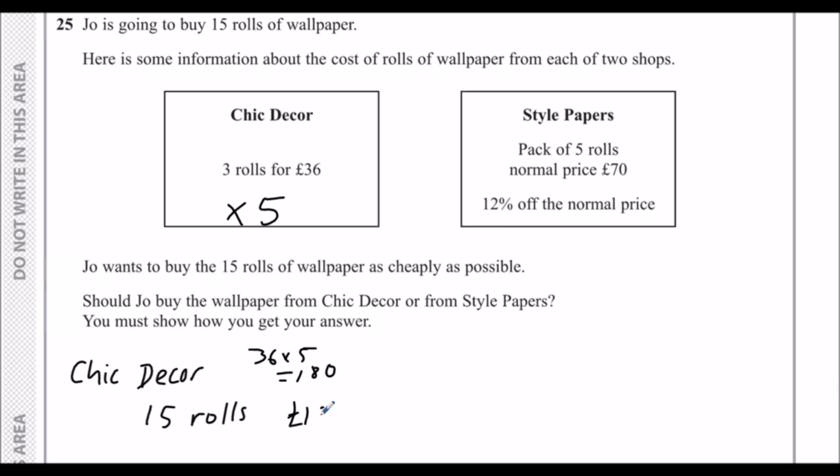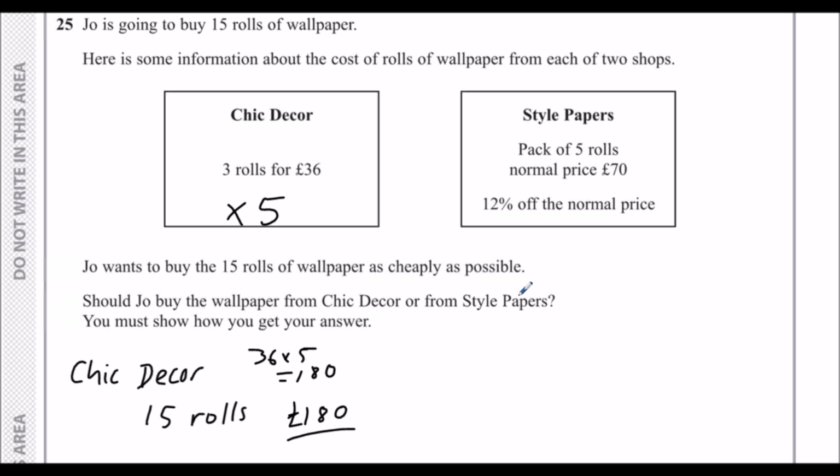So £180 at Chic Decor. At Style Papers, 5 rolls for £70 and a 12% discount. So we can work out the discount now off of £70 and then times by 3, or times by 3 and then take off the 12% discount. It'll be the same answer either way.